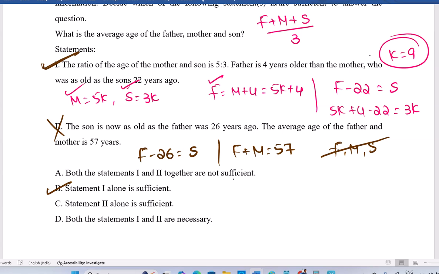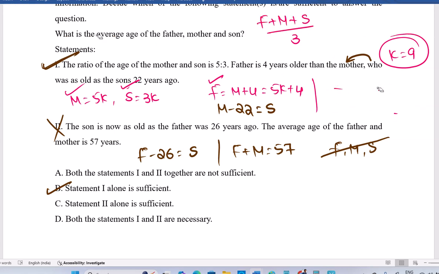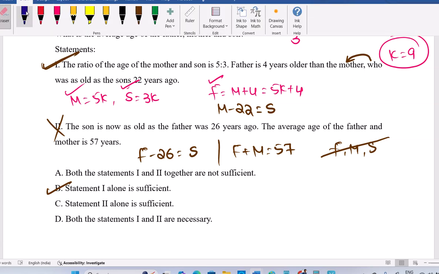Fine. Okay, sorry, this is related to the mother. Mother 22 years ago is equal to the son's present age. This is not father, mother; so the statement is related to the mother only. Okay, fine. But still, if that is the case also, we can find the difference is 2k, k equal to 11.